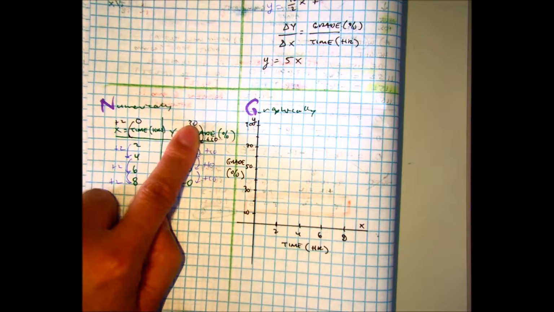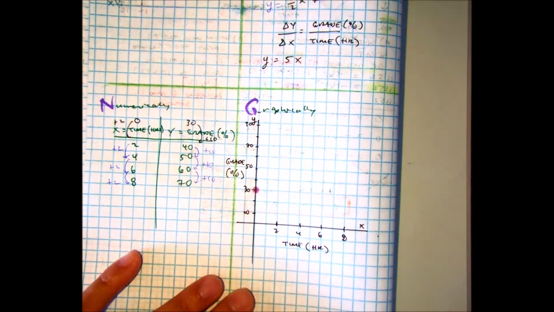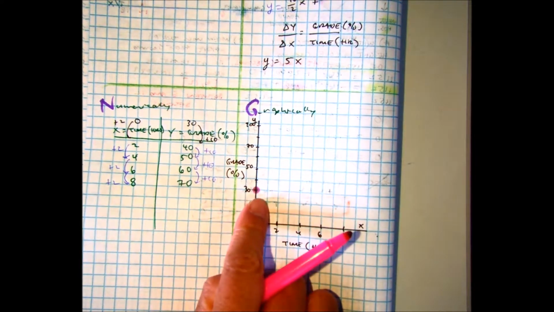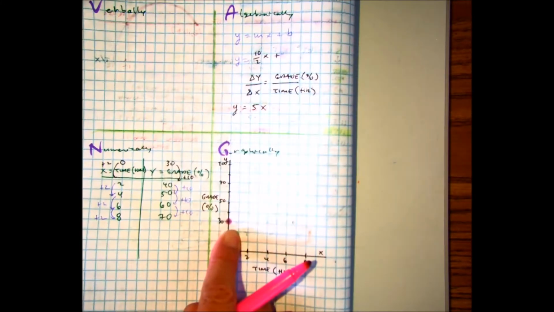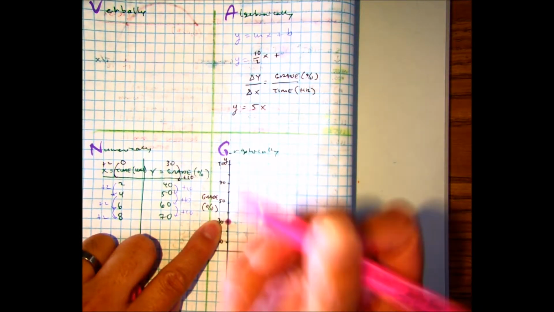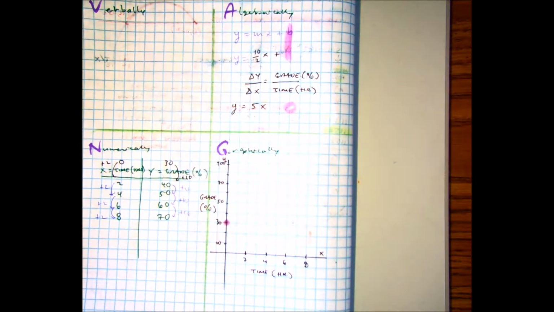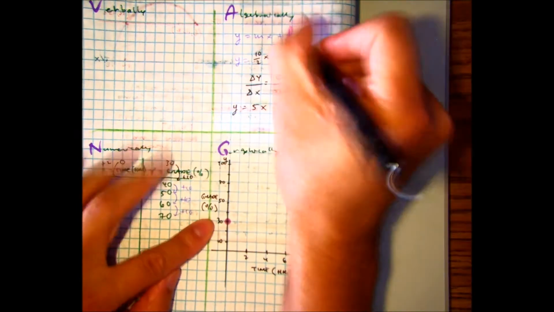So 0, 30, if you graphed it, would be right here. And 0, 30 is on which axis? Y. So when it hits the y-axis, that's called the y-intercept. So I'm going to write plus 30.